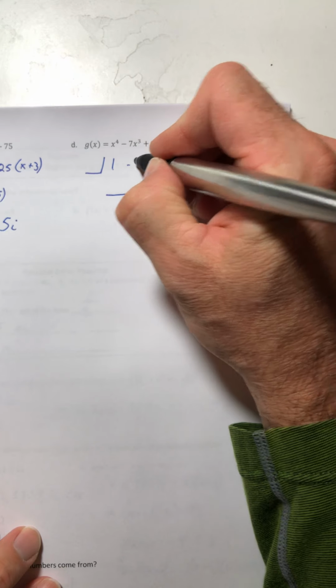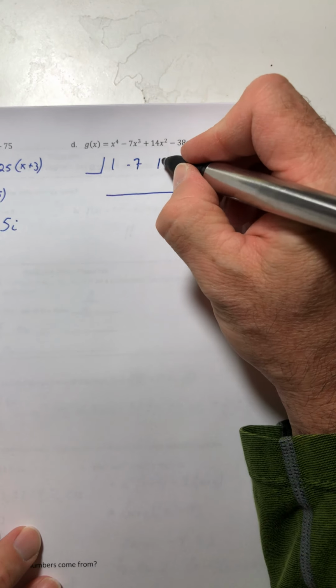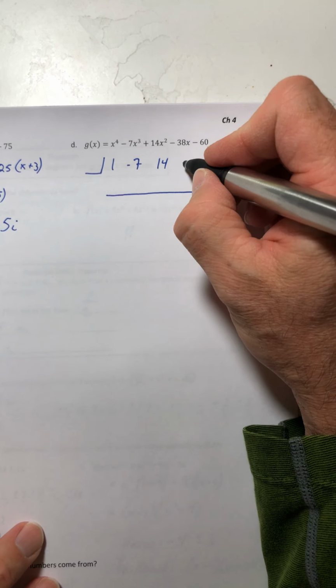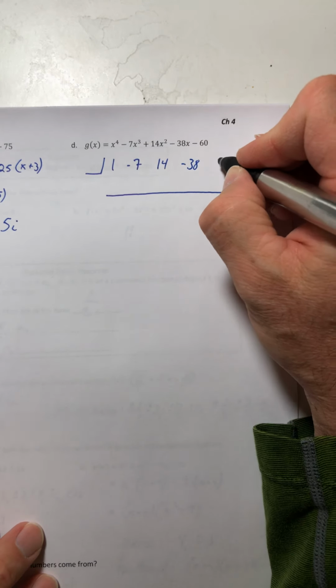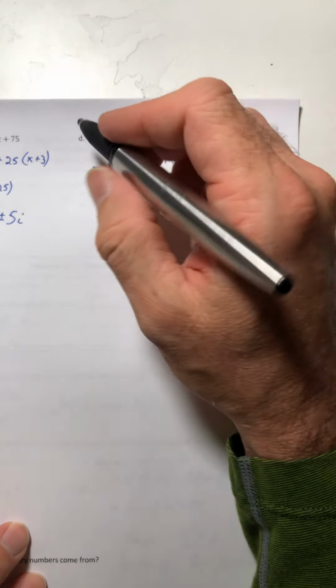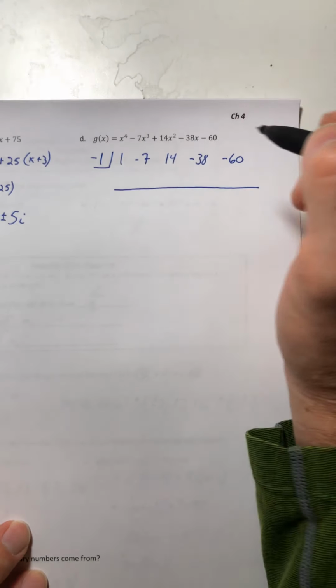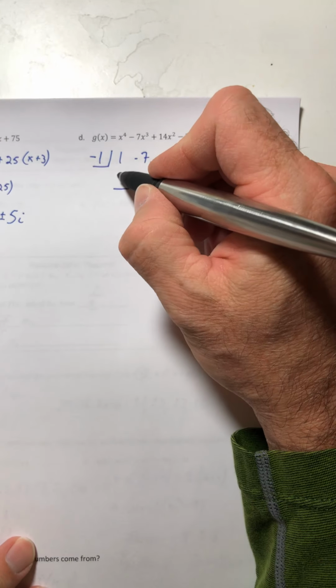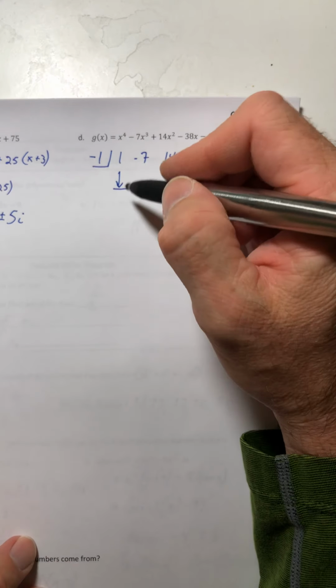So 1, -7, 14, -38, and -60. And let's just, I want to pick -1, just because.